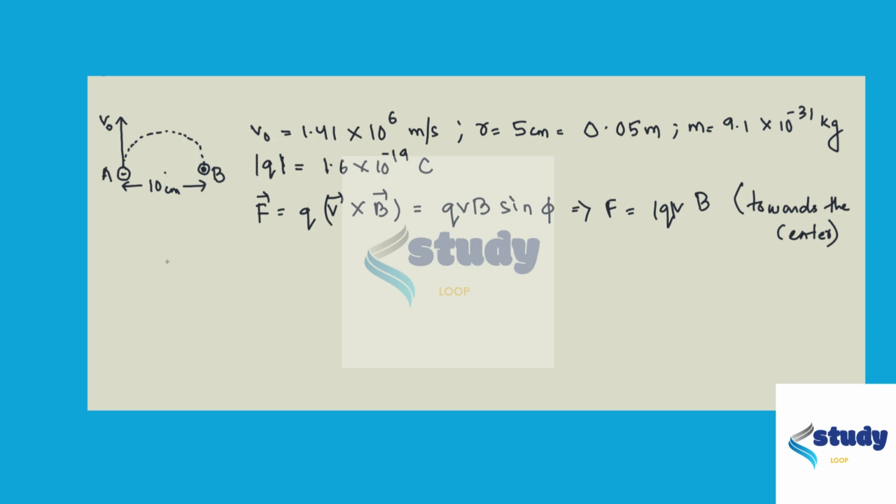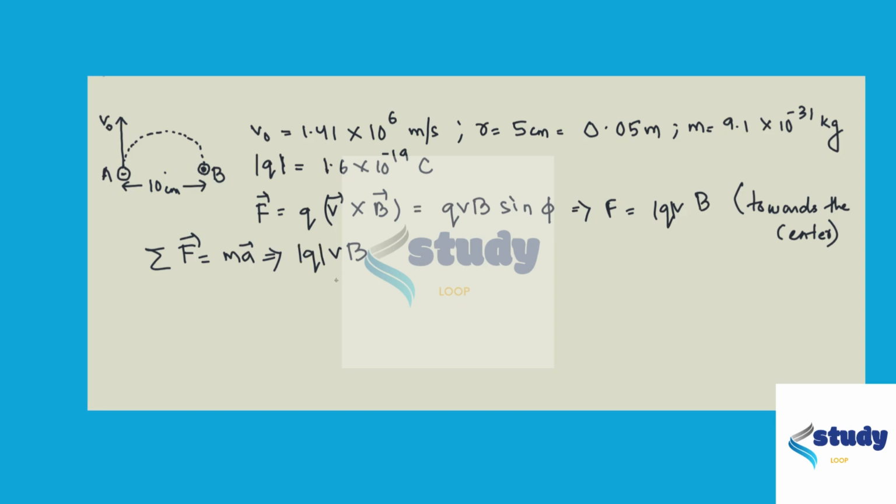So let's do that. We know that the net force is equal to mass times acceleration, and here the net force is |q| times v times B. If we don't take the magnitude, F is going to be out of the circle, which just gets cancelled by the centripetal force, which is towards the center of the circle.